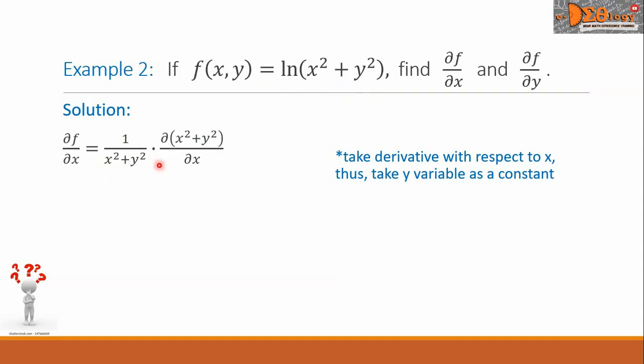So this will be multiplied with the partial derivative of the function x squared plus y squared with respect to x. So derivative of x squared is 2x plus derivative of y squared is 0 because y here is a constant. So the next step is simply combine this fraction and the 2x. So we have 2x all over x squared plus y squared.